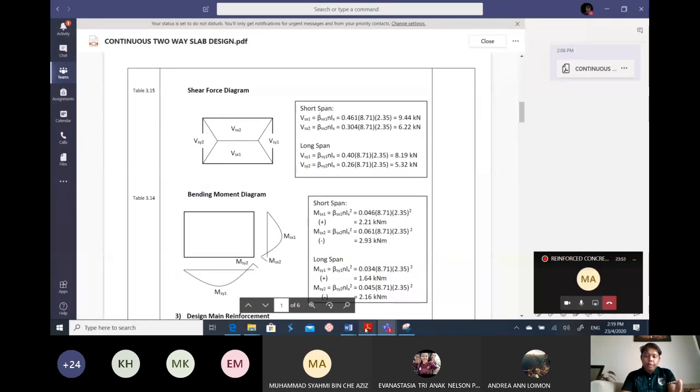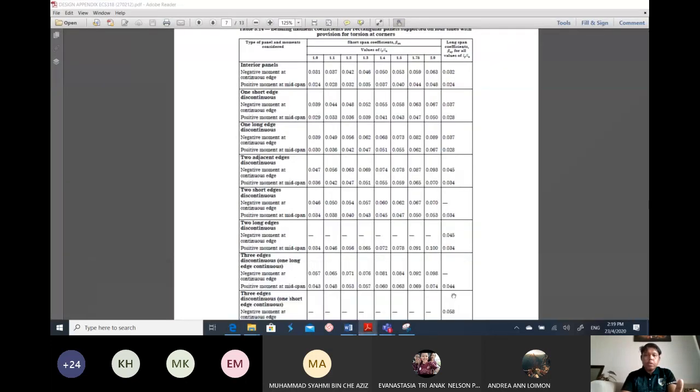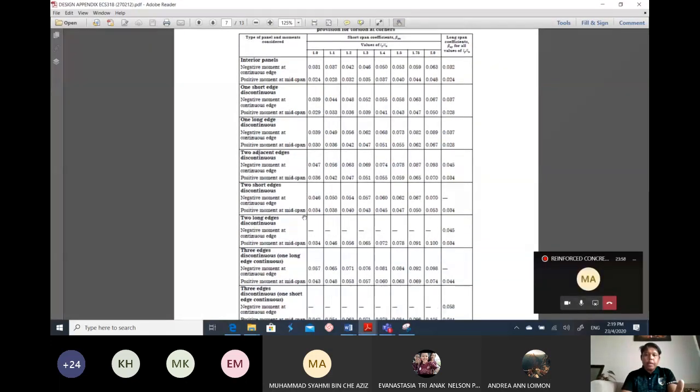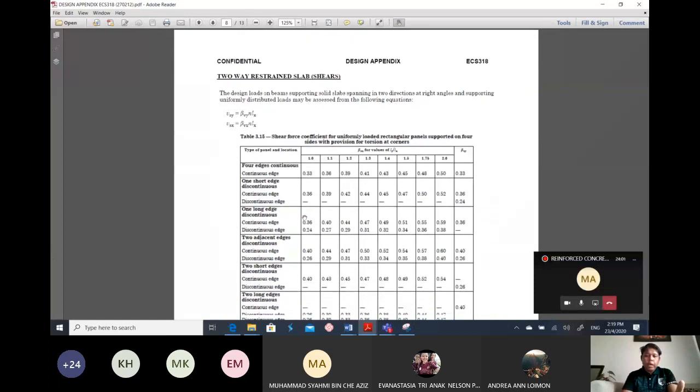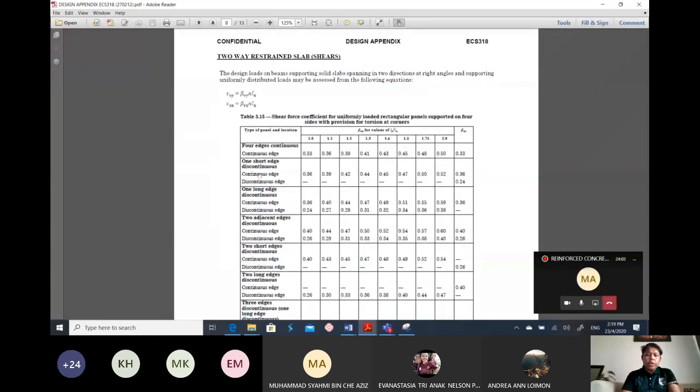From this table for the shear force here, for discontinuous edge is beta VX2 and also beta VY2. For continuous edge is beta VX1 and beta VY1.